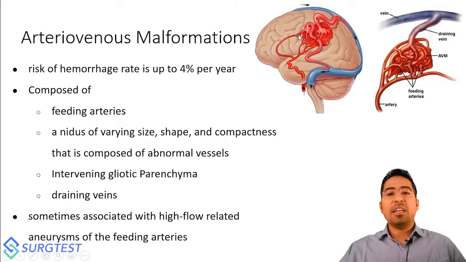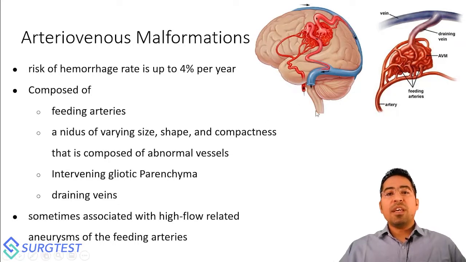And then finally there is a set of draining veins. You can see over here a set of draining veins. These draining veins can drain either into the deep circulation or into the superficial circulation. This property, whether it is superficial draining veins or deep draining veins, has prognostic significance. We'll study more about it in the coming slides.